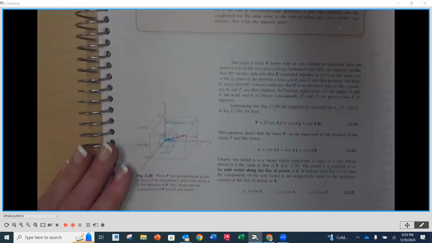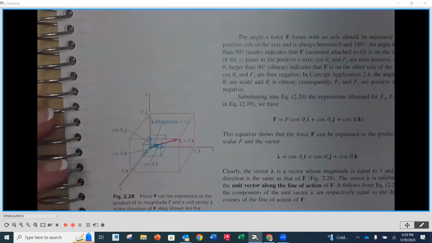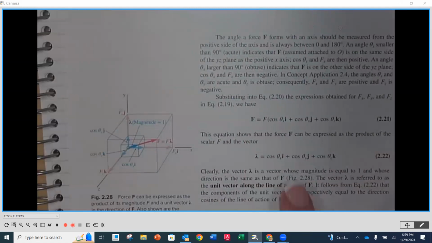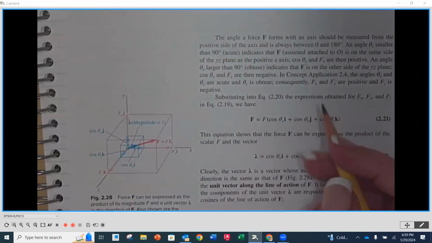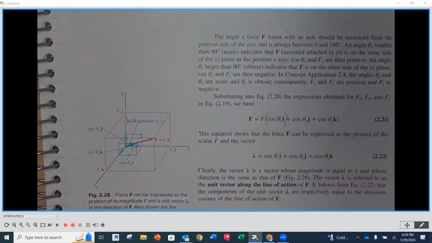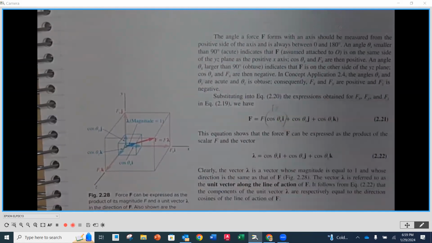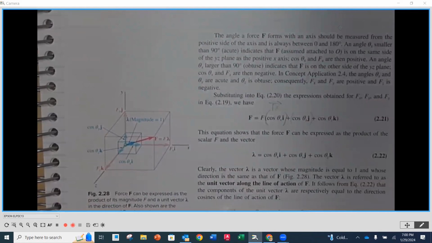Now, as we look down here, after that concept application 2.4, we're going to start looking inside of our box, and we are going to be expanding out those forces. So for instance, when we look at the force and we say, okay, F times this portion right here is going to be that X component, that Fx. But this is the vector quantity, remember, because we're adding the vectors here.